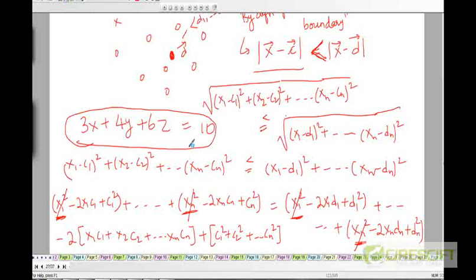Sorry, this is actually a plane in 3 dimensions. Just like 3x plus 4y equal to 5 would be the equation of a straight line in 2 dimensional space, this would be the equation of a plane in 3 dimensional space.